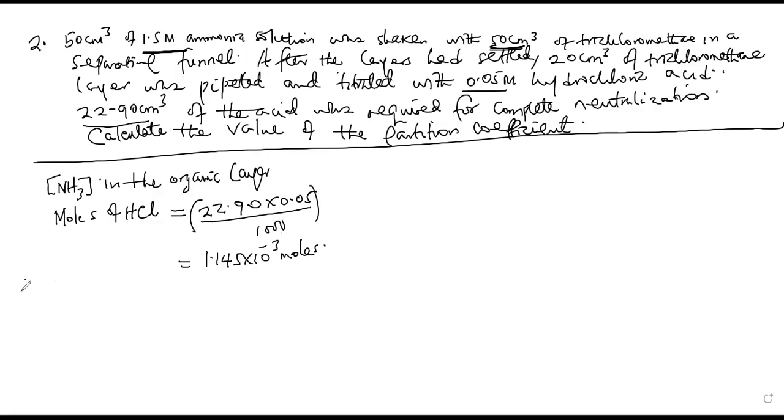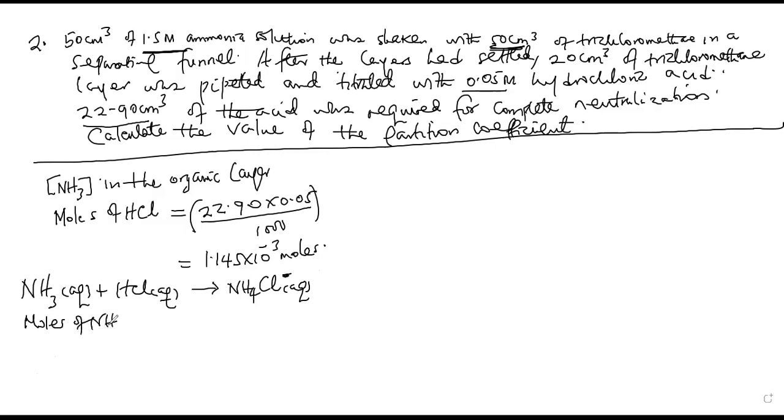And from the equation, where we have ammonia reacting with hydrochloric acid to produce ammonium chloride, that means moles of ammonia NH3 is equal to moles of hydrochloric acid, and those are equal to 1.145 times 10 to the power negative 3 moles.